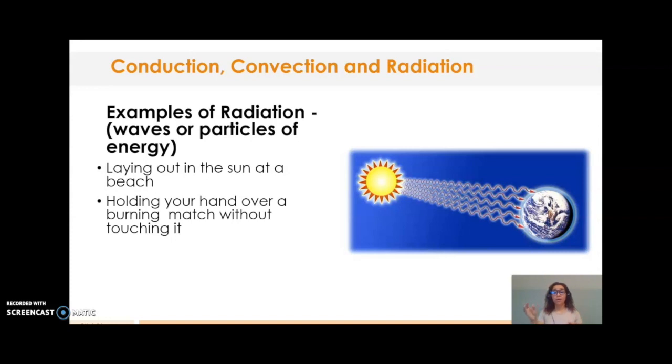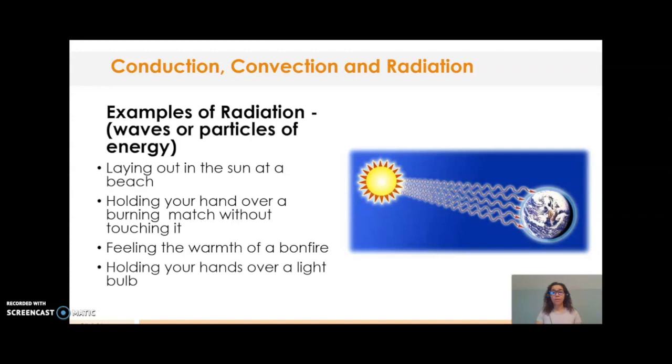Now, if you go and you touch it, it turns into conduction. If you guys ever sit outside at a bonfire and you're feeling the warmth coming off of the bonfire, that is going to be radiation. But if you go and stick a marshmallow into the fire and char it, that is conduction because it's touching the flame.